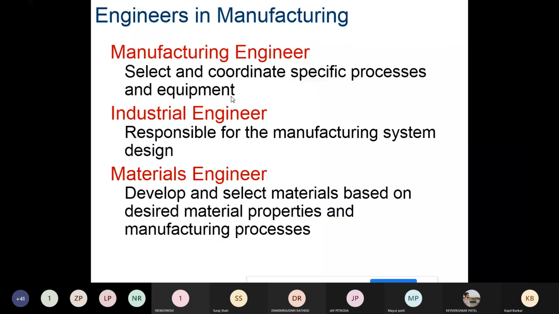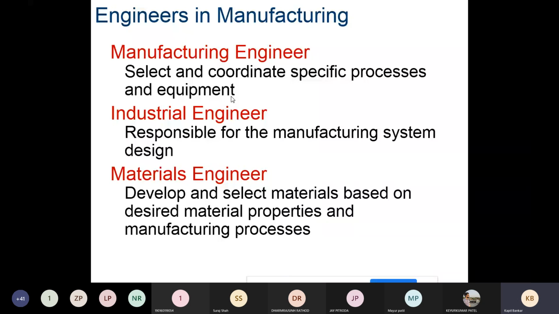And last but not the least, the materials engineer. That engineer will work on the shop floor to develop and select the materials based on the desired material properties and manufacturing processes. As we have seen in our product creation cycle, different stages are there to develop our product. The second stage was the selection of material.